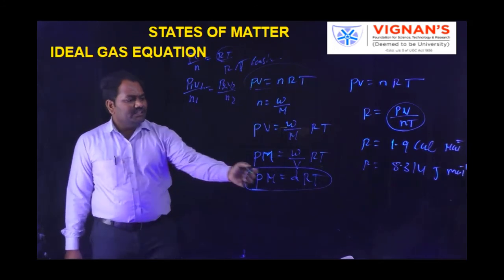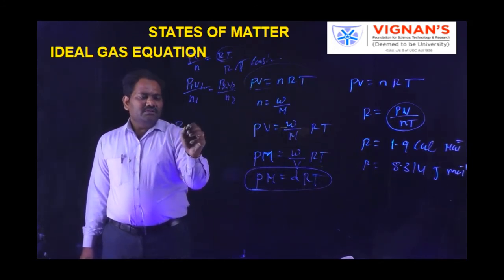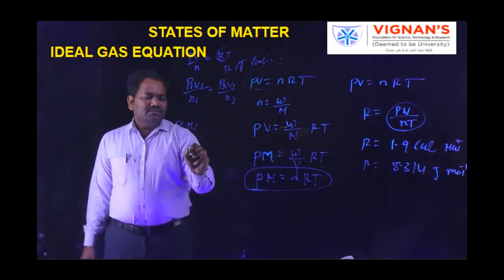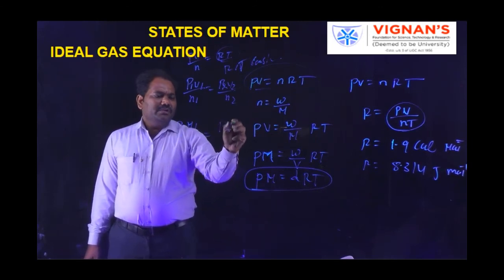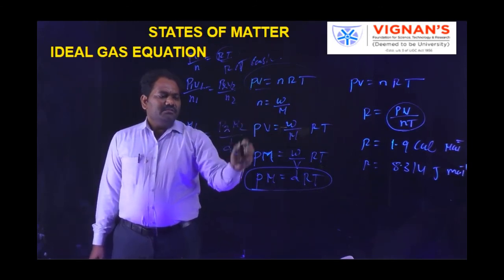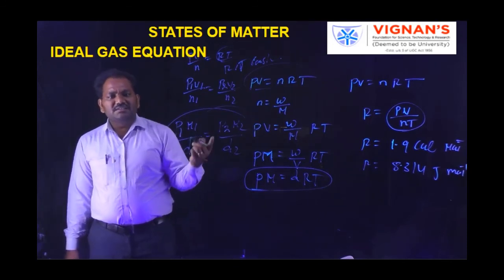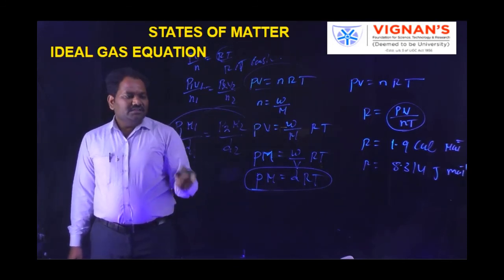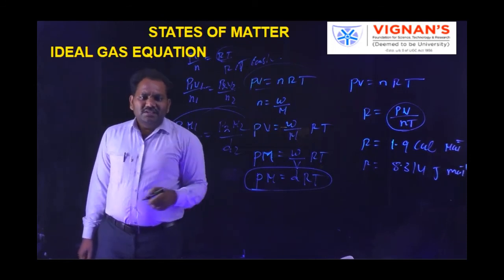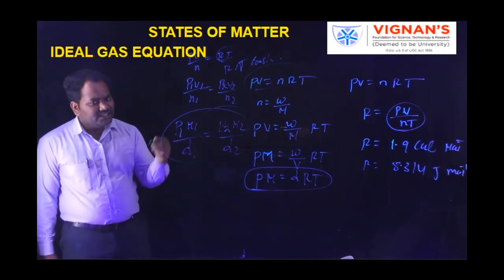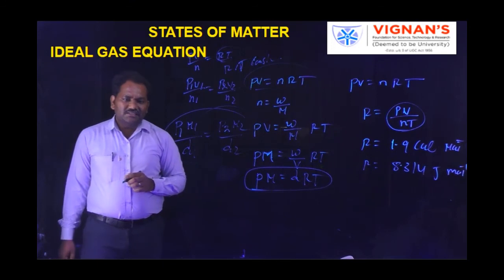Similarly, P1M1 by d1 is equal to P2M2 by d2. Here also, if R and T are constant, we can write this equation. So there are many expressions we can derive from the ideal gas equation.